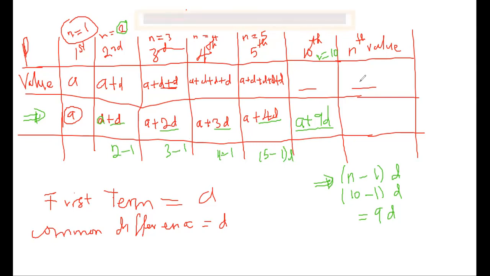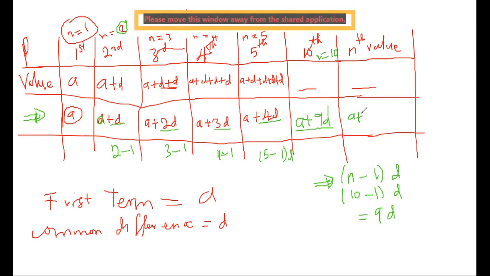So what would be the nth value? N minus 1 times D. And this will be the formula that we shall be using.